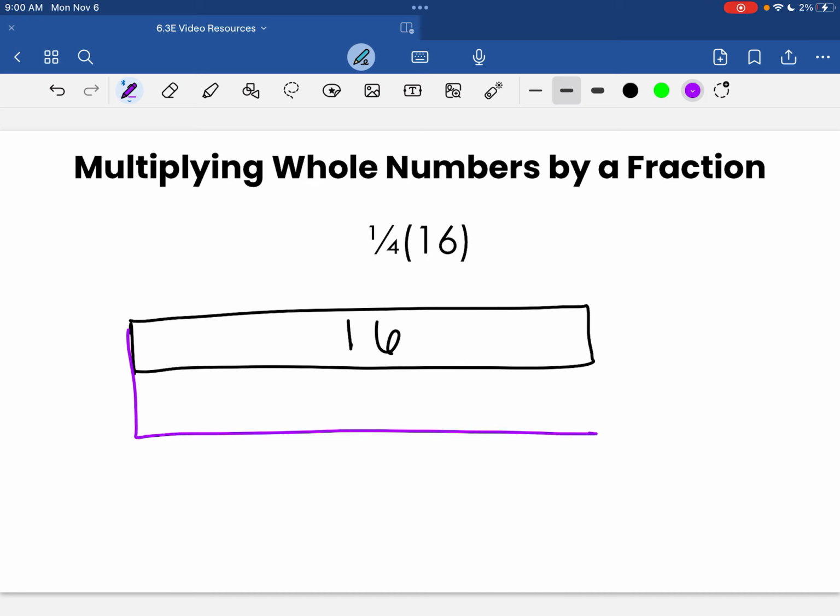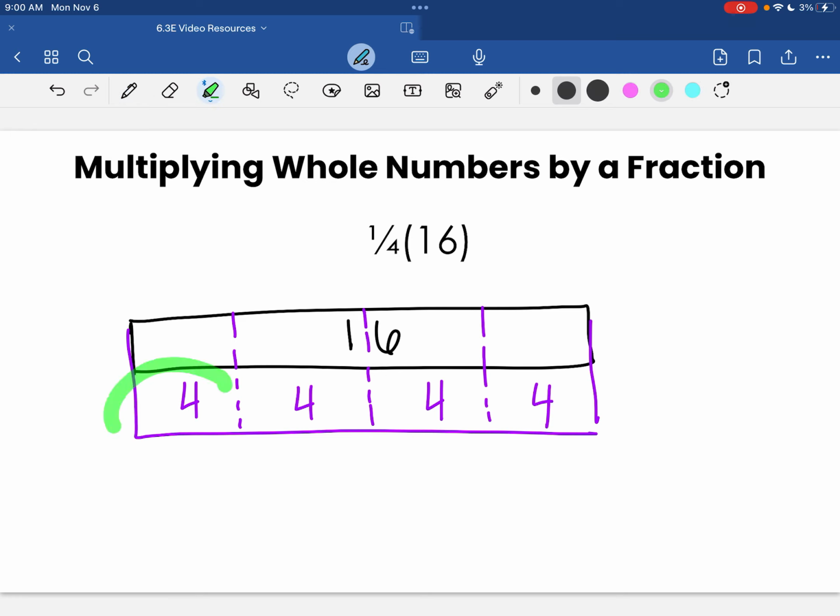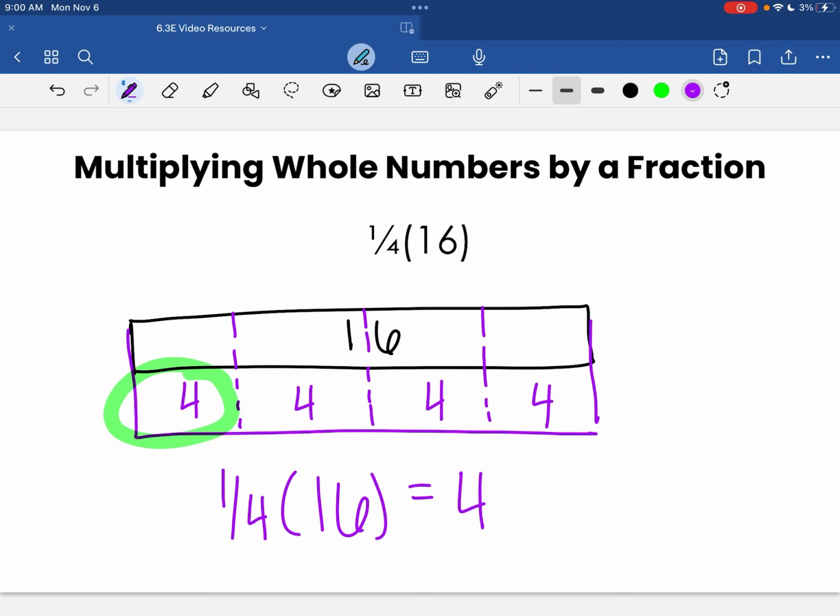So I'm going to draw another strip diagram and then use that to break it into fourths. And when I have 16 split into 4 different ways, each piece is worth 4. And because I only want 1/4 of the group, I'll only take one of the pieces. So I get that 1/4 of 16 is equal to 4.